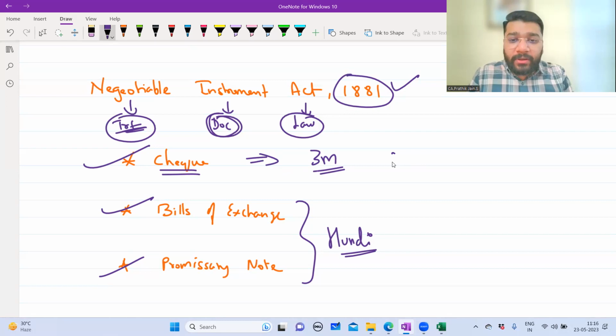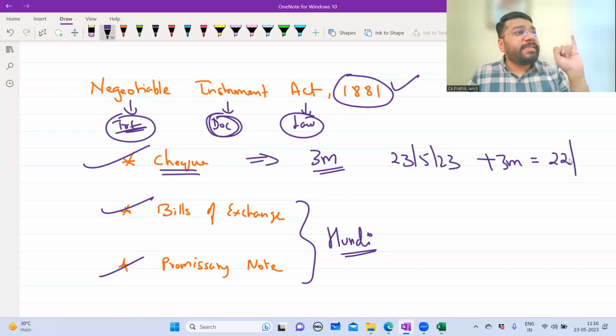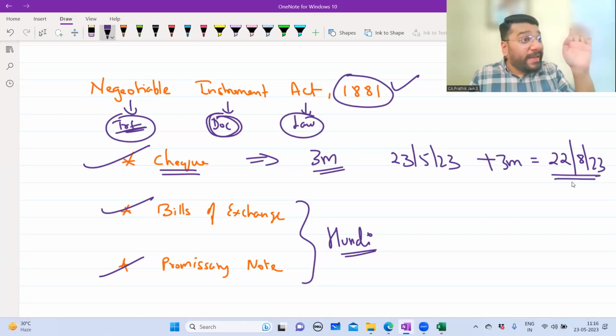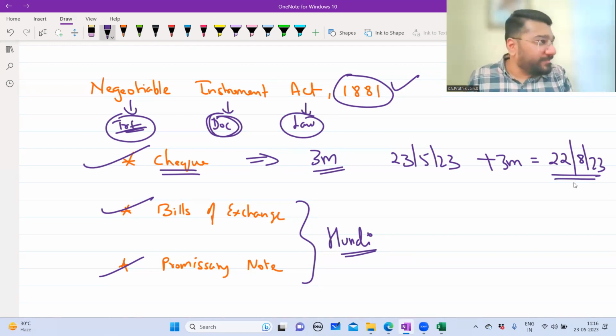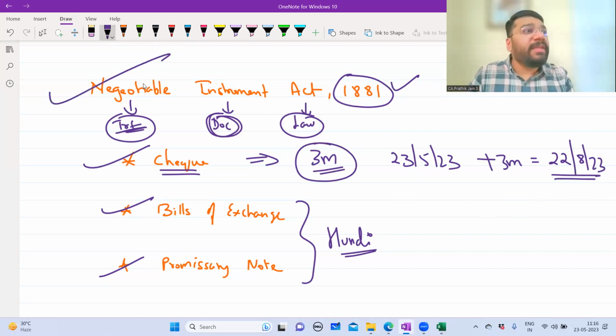Today is 23/5/2023, which means this check is valid till what date? 22/8/2023, which means before 22 August 2023, if you don't encash that check, the check will become a stale check, which means an invalid check, which means from 23rd August onwards, you cannot encash that check.